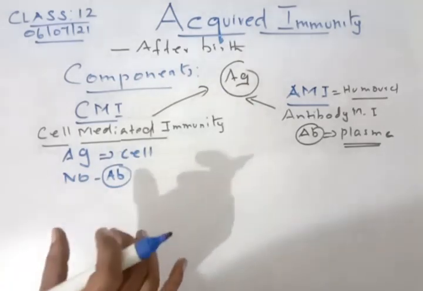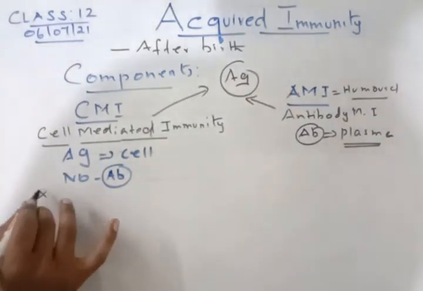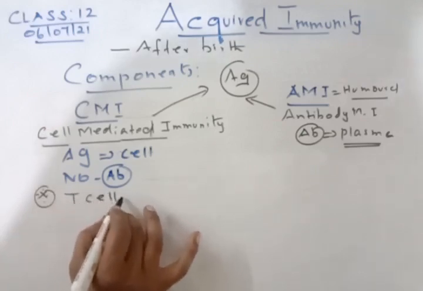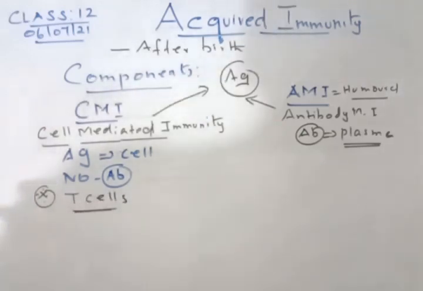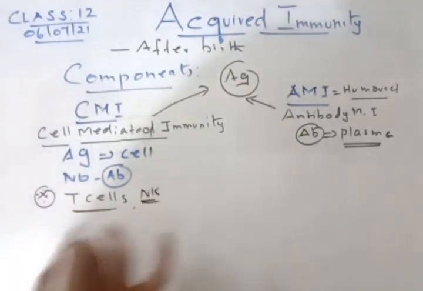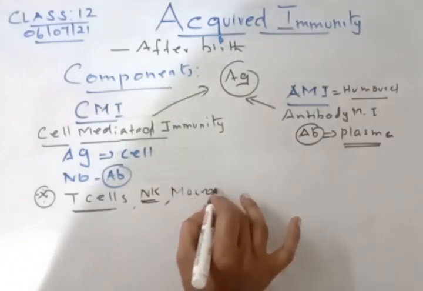Now, cell mediated immunity is done by certain cells in the body. Those cells are very important: T cells, I will talk about these T cells. The second one is NK cells, NK meaning natural killer cells. And the third one is the macrophages.